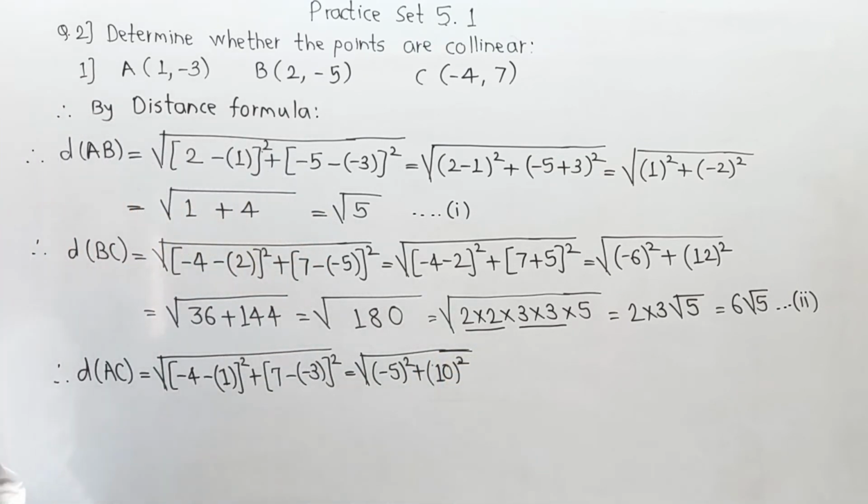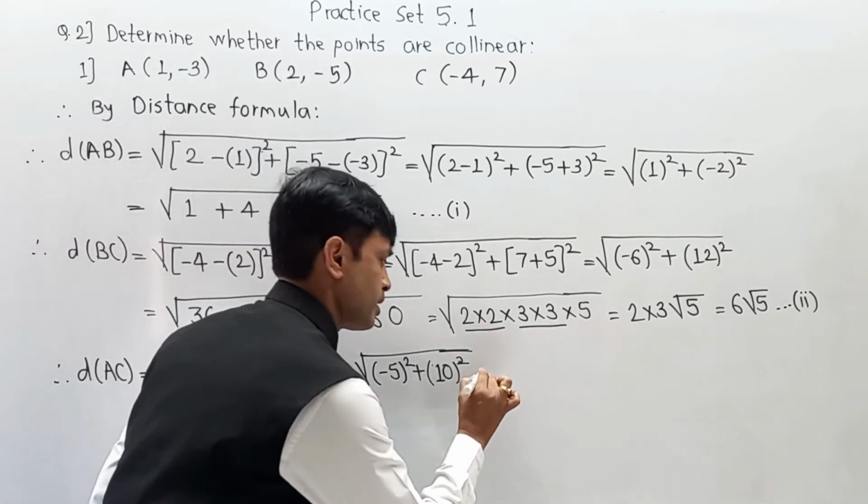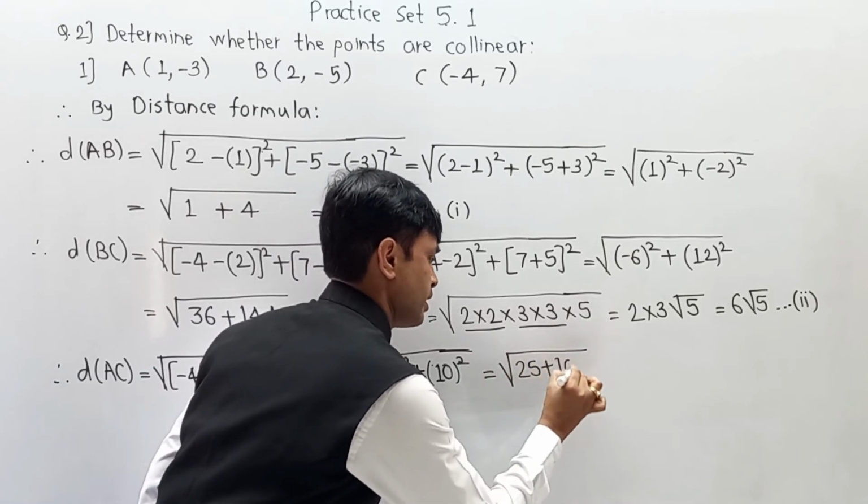Now simplification: minus 5 square is 25 and 10 square is 100. So it becomes 25 plus 100.